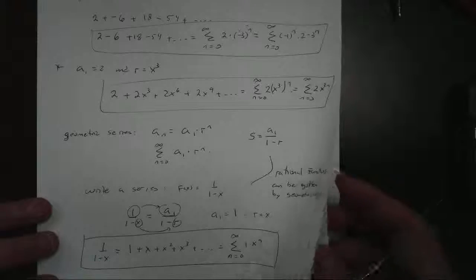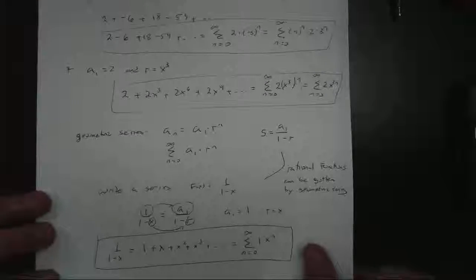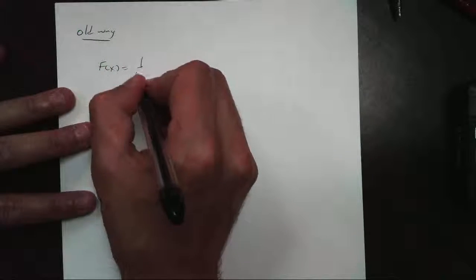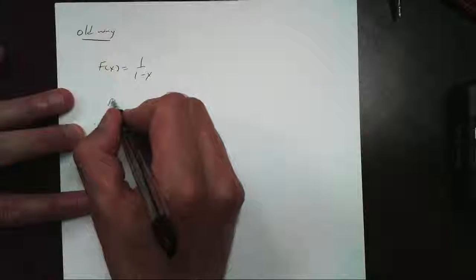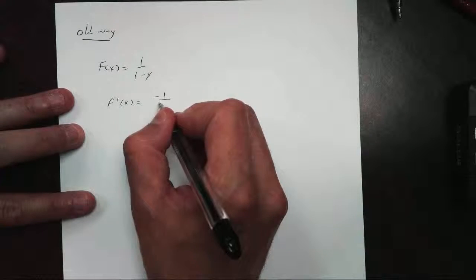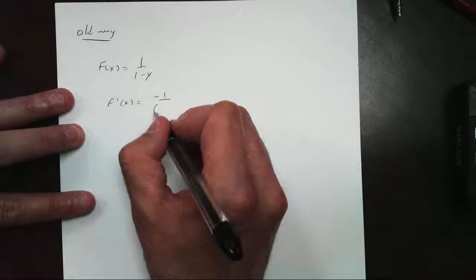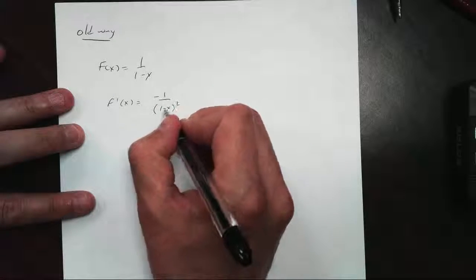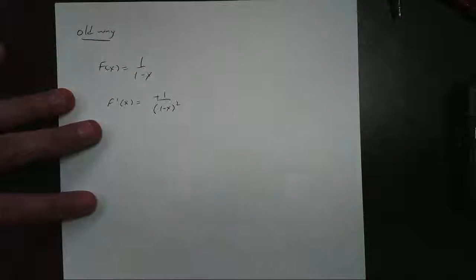Now, if I wanted to do this traditionally without using the shortcut, we would have to take a few derivatives. And I'll show you that real quickly. The old way. Ready? Well, if I have f of x equals 1 over 1 minus x, my first derivative becomes 1 over 1 minus x squared, positive because of the chain rule.